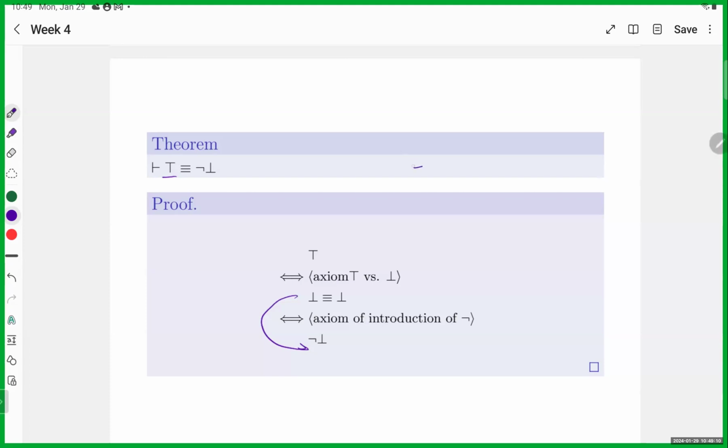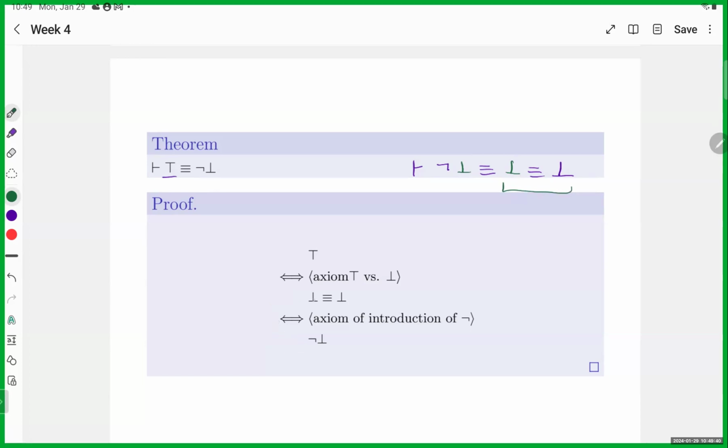Because the axiom of introduction of negation tells me that negation of any formula A is equivalent to A is equivalent to bottom for any formula A. The axioms are schemata, right? They do not apply to a specific A. Apply it for bottom. So bottom is equivalent to negation of bottom.